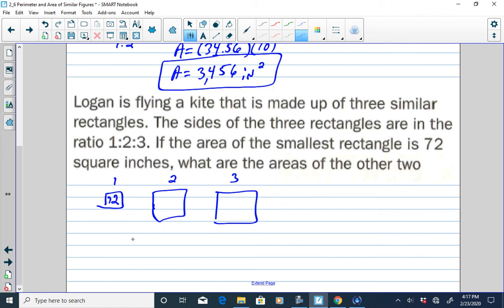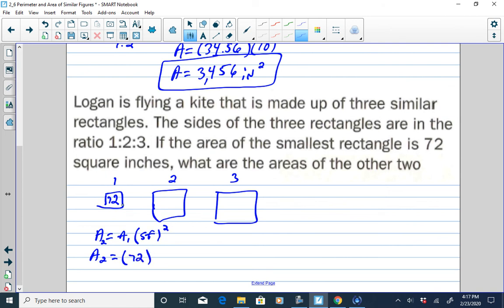Okay? So let's start with this question here. We know that the area, let's call it area 2, is equal to area 1 times the scale factor squared. So area 2 is going to be equal to area 1, which is 72.